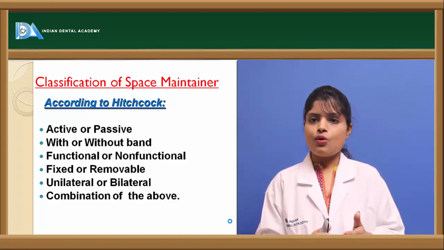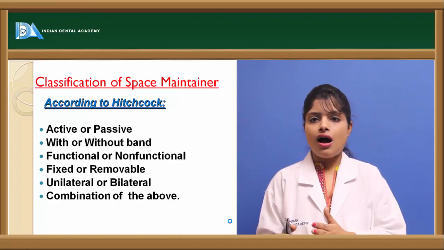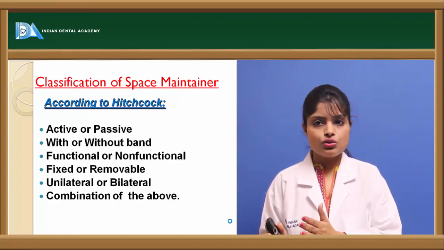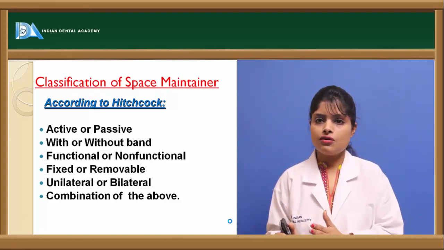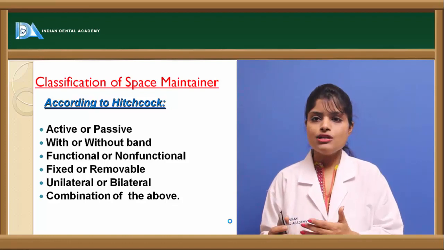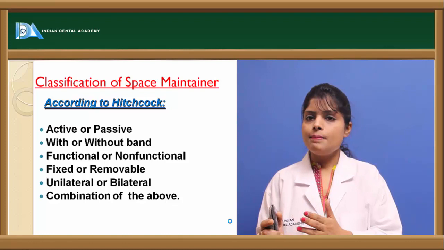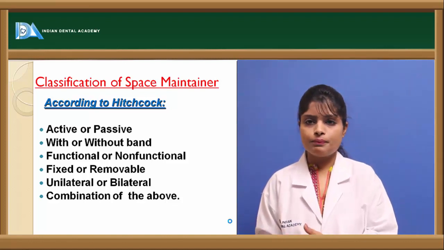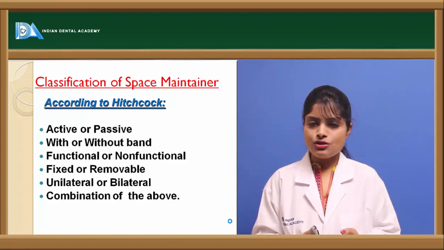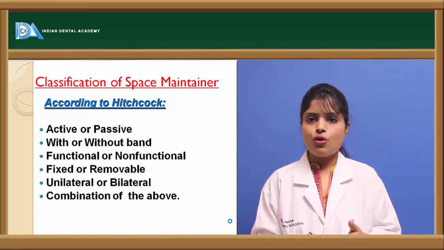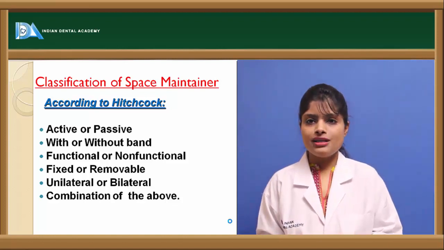Active appliances are those which exert forces on the tooth surfaces, and passive are those which are in contact with the tooth surfaces but do not exert any force or cause movement of the tooth. These are the passive appliances, for example band and loop space maintainer. Then active or passive, with bands or without bands, fixed or removable, unilateral or bilateral, or a combination of all of the above.